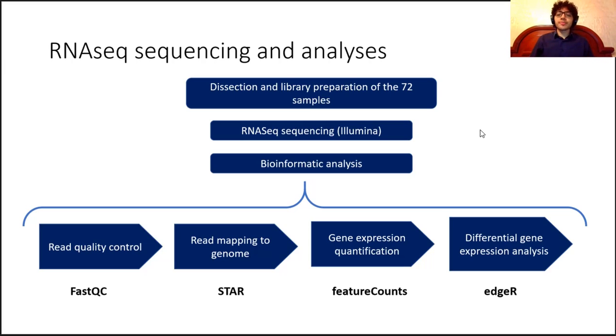This allows us then to go to the third step, where we went to each gene and measured its gene expression by counting how many reads mapped to that gene. Then, with this read count data, we were able to perform differential gene expression analysis to find what genes were differentially expressed between genotypes.